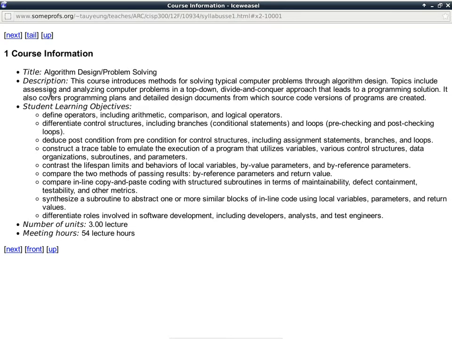All right, so information about the course itself. The course title is Algorithm Design / Problem Solving. But what we'll be doing is understanding the elements of programming in this class. In other words, if this were a construction / contractor type of class, in this class we'll just be understanding the tools and also the material that we have to use to build a house.